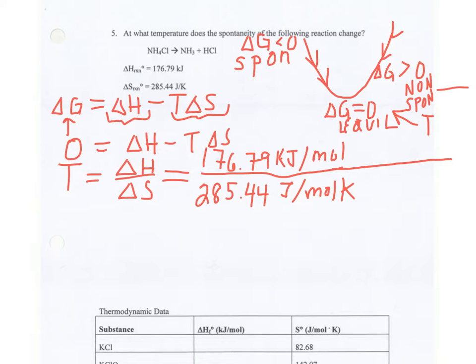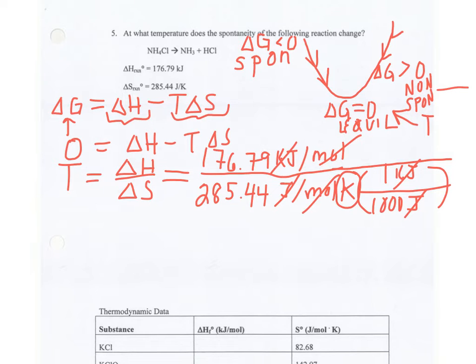So we're going to divide, you need a factor here. 1,000 joules is 1 kilojoule. So now if you look at this equation and you check your units, moles will cancel, joules will cancel, kilojoules cancel, and what you're left with is Kelvin right here. And those are the appropriate units for temperature.